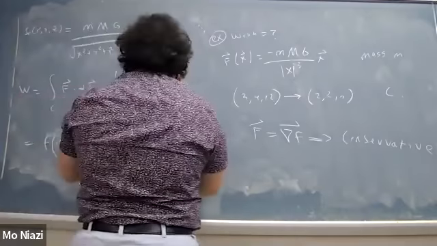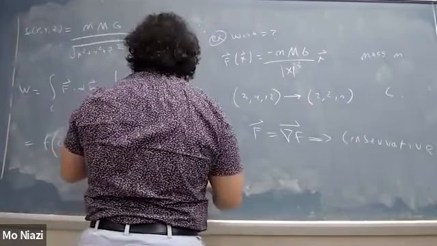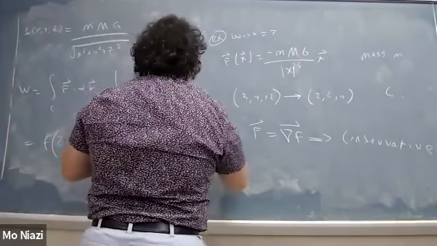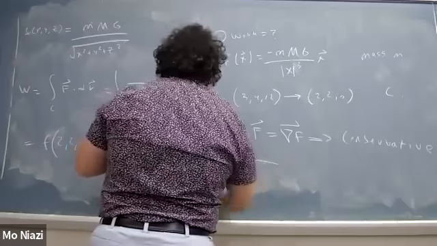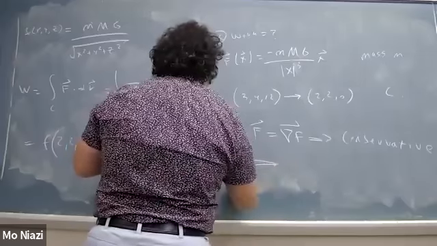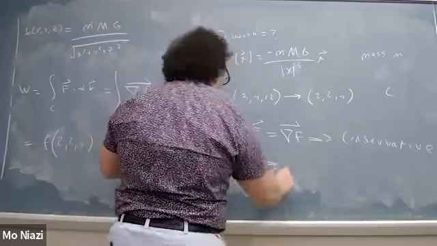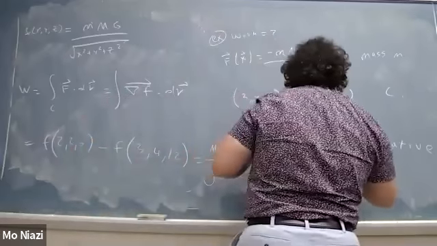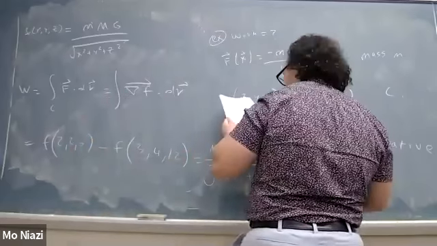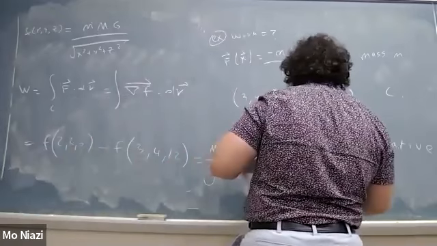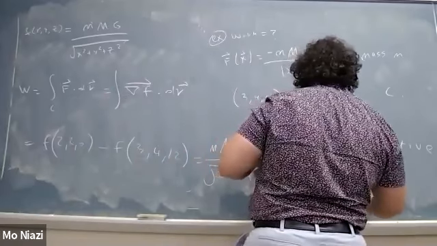What happens when you input these values? You just get m, capital M, G all over the square root of 2 squared plus 2 squared plus 0 squared minus m, M, G divided by the square root of 3 squared plus 4 squared plus 12 squared.